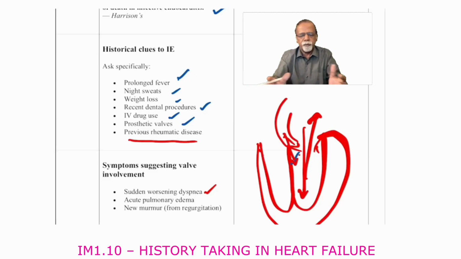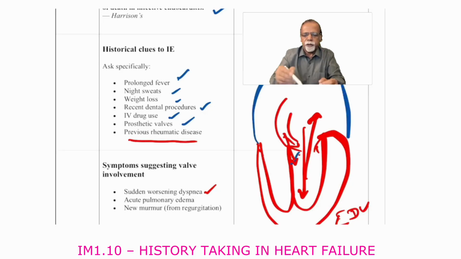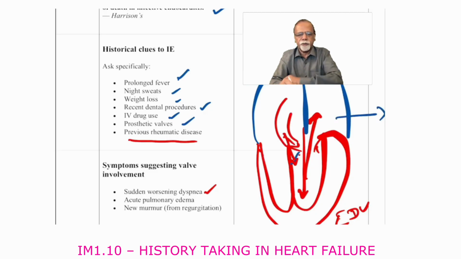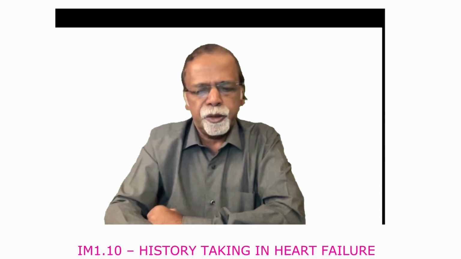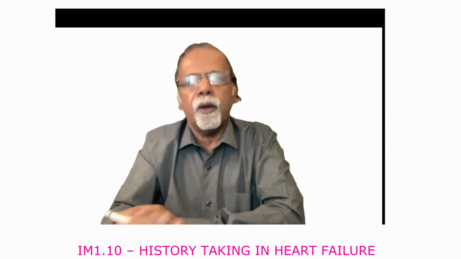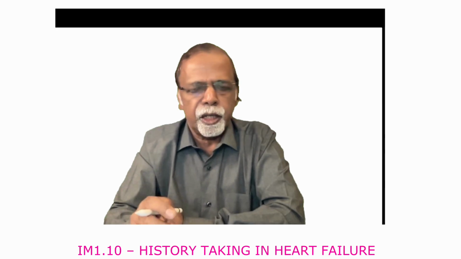The left ventricle is unable to accommodate this, so the patient develops a rise in end diastolic pressure, and the back pressure is transmitted to the left atrium, then to the lungs, and the lungs develop congestion. On examination you may get a new murmur or a change in the quality of the murmur, but here we are mainly discussing symptoms. So infective endocarditis should be considered in any patient with a prolonged fever, especially when there is an underlying heart disease.